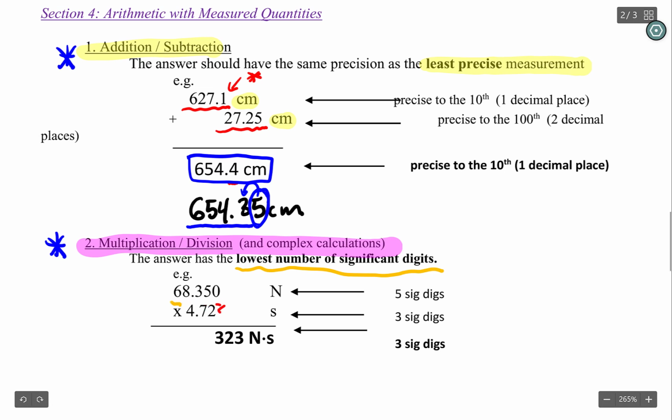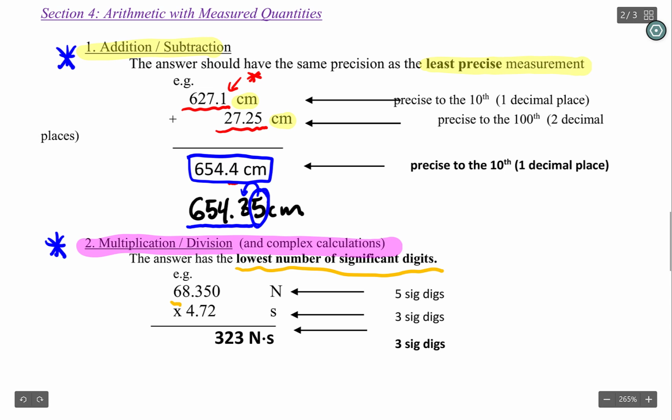This is 5 significant digits. 4 is my first real non-zero number, and everything after it is significant. So this would be 3 significant digits. All I do is pick the 3 digits, which is the smaller of the two values, as my number of significant digits. So I know that when we multiply these together, it's 323 newtons per second.